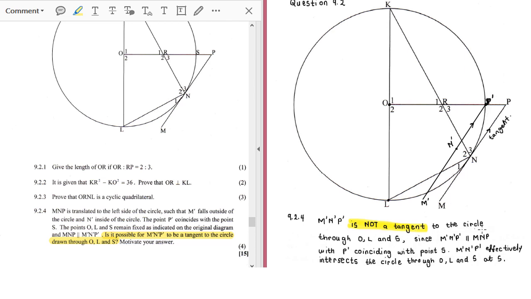So that's what we mean when we say that P prime coincides with point S. So it lies exactly on the same position.